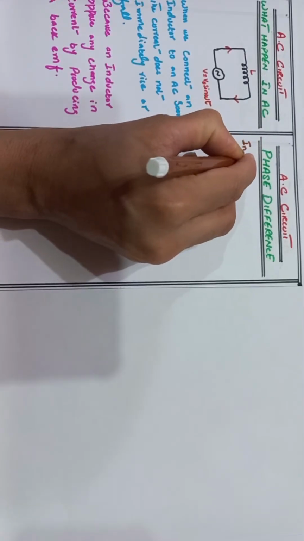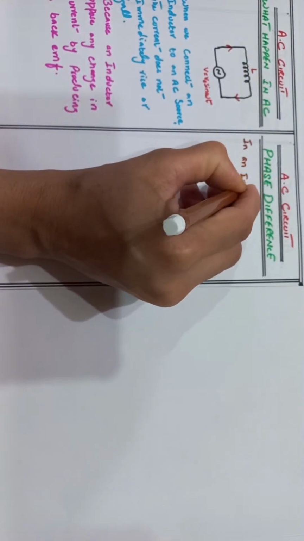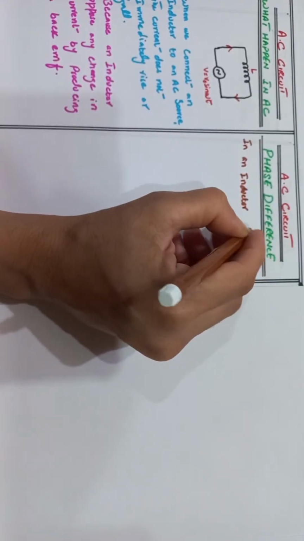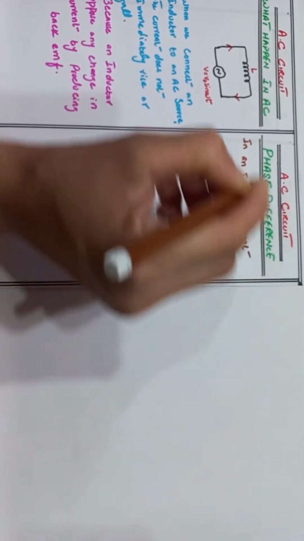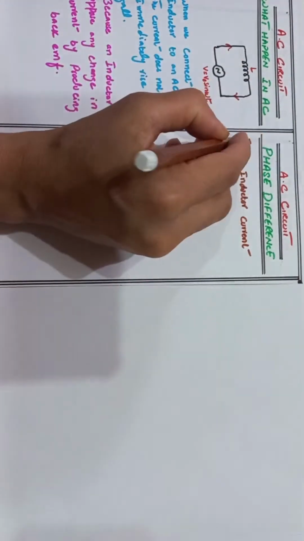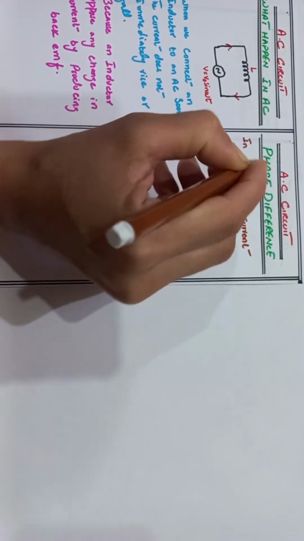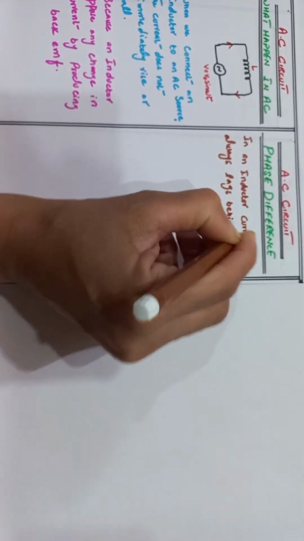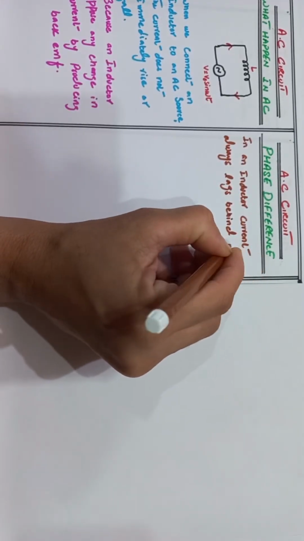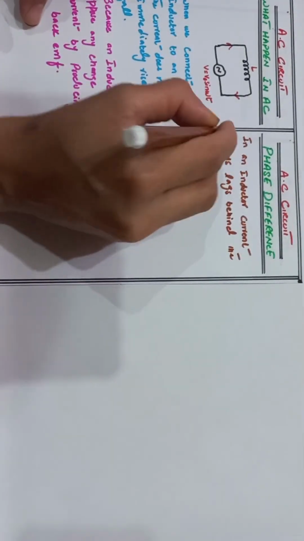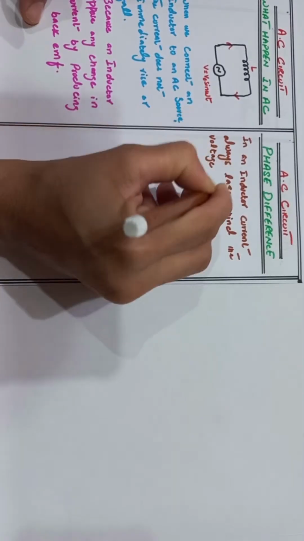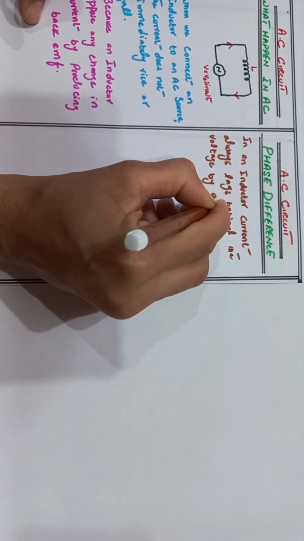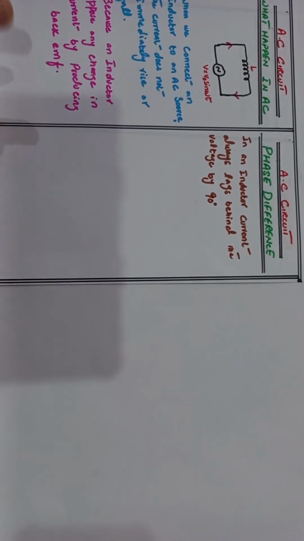In an inductor, current always lags behind the voltage by 90 degrees. Okay, students.